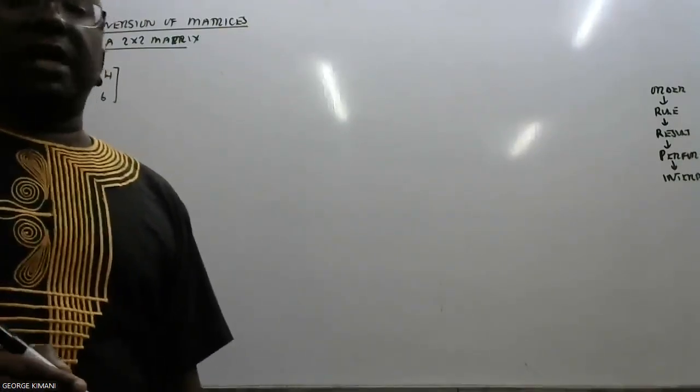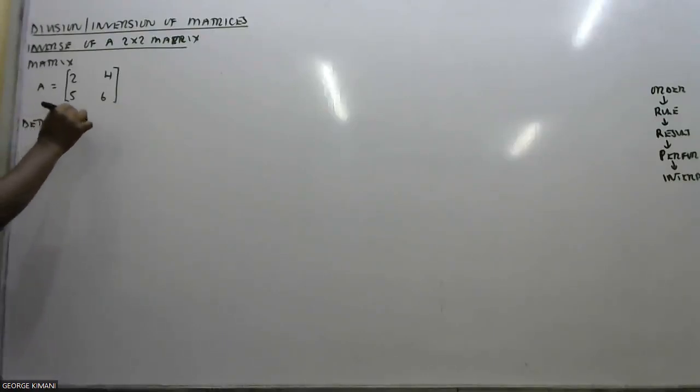There are several steps that you take. The first step is to get the determinant. These steps are well articulated in the notes. So you get the determinant. So determinant, that is A within 2 strokes. That matrix within 2 strokes.